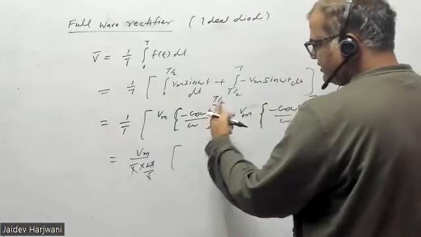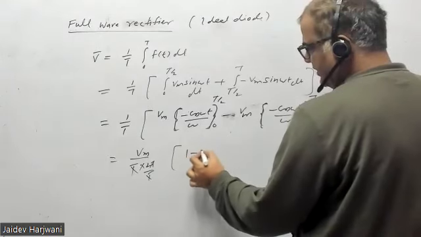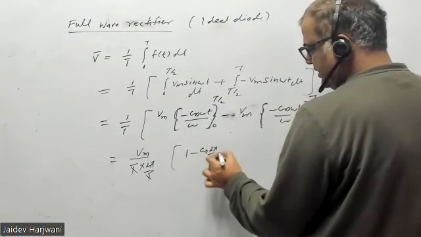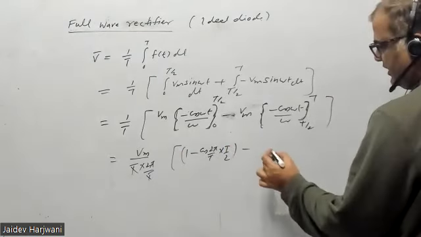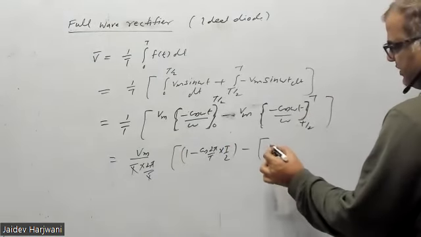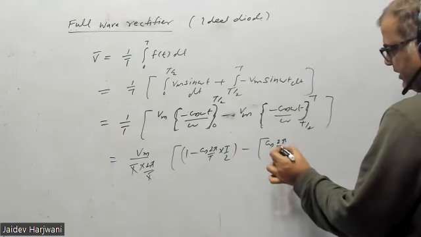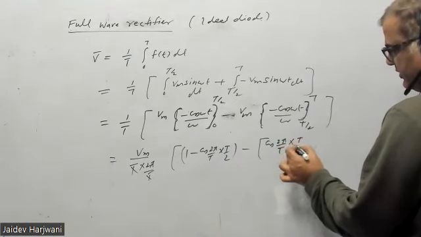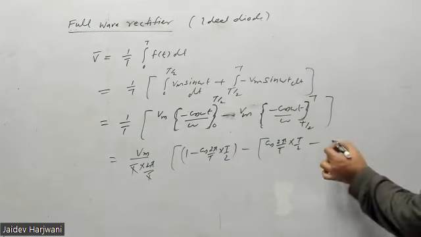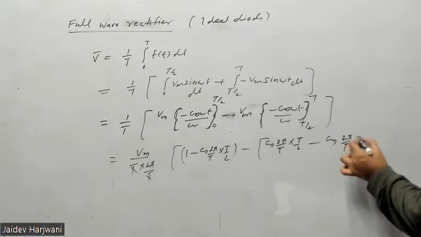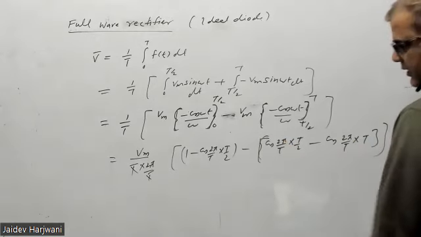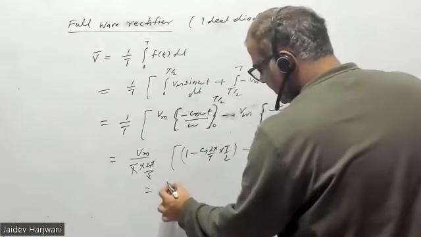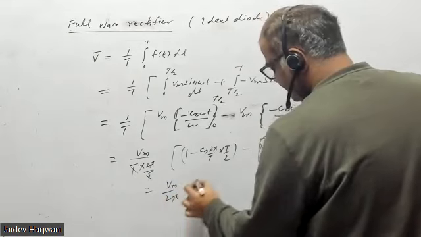I can change this limit. This will become 1 minus cos 2 pi upon T into T by 2, and minus, I can write T by 2 first, so cos 2 pi by T into T by 2 minus cos 2 pi by T into T. So this is your Vm upon 2 pi.